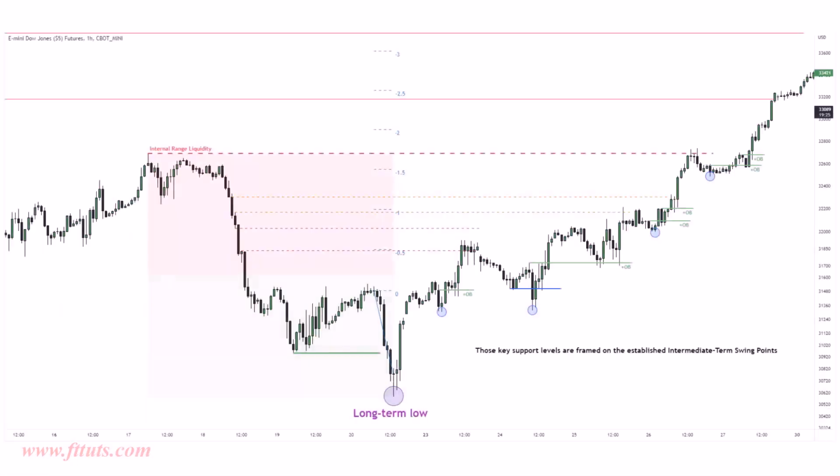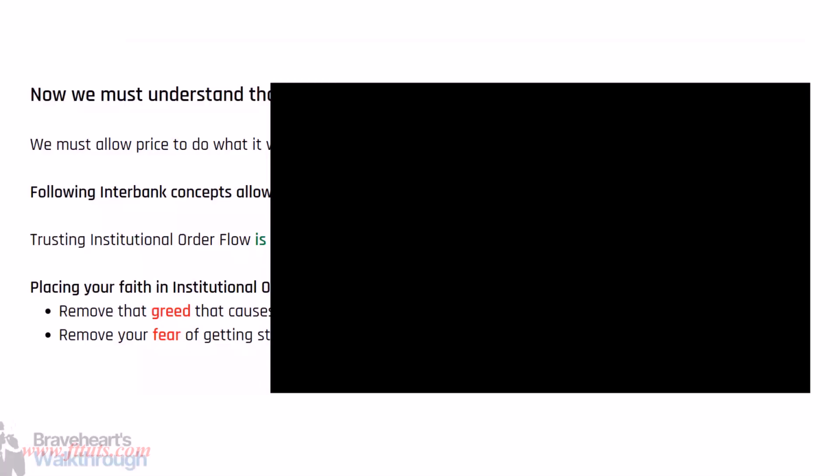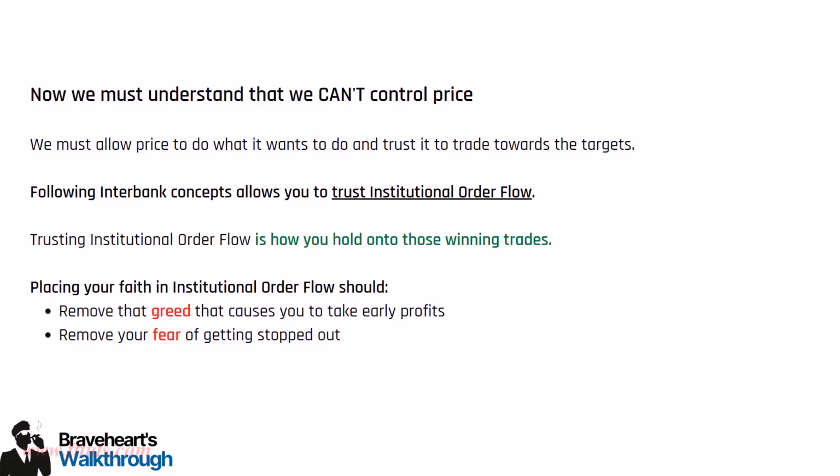So if you know that this thing is going to trade higher, and you're a swing trader, for instance, or a one shot one kill trader, and you want to hold for these long-term objectives, you're going to have to trust institutional order flow. Trust the fact that, okay, supports will hold, resistance will break. Put your faith in that.